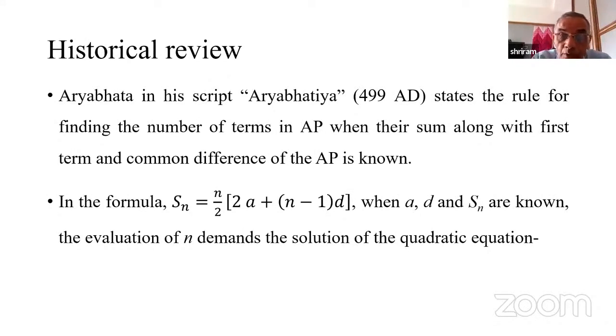But the problem is not to find Sn, the sum, but to find n when a, d and Sn are given. And if this is the problem where we need to find n and not Sn, we have to solve a quadratic equation: n square plus twice a minus d into n minus twice Sn equal to 0.